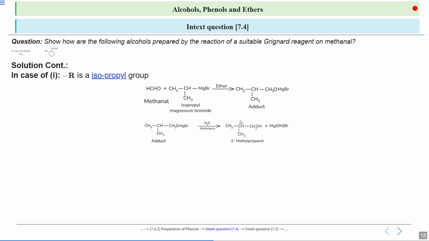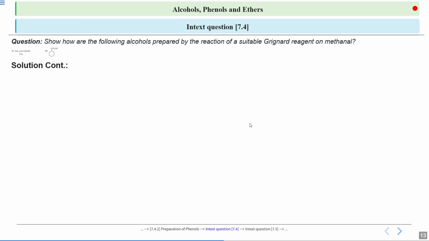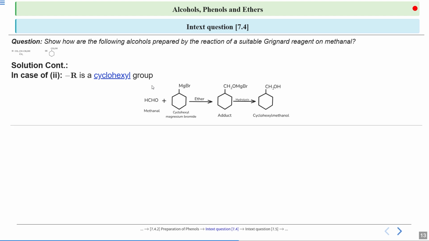So we got our alcohol from simple methanol, and we are getting a primary alcohol only. Now let's see the second part of this question. In the second part, your R is a cyclohexyl group. Okay, so this is a cyclohexyl group. When you are treating it with methanol, this is your MgBr group and this is your R group.